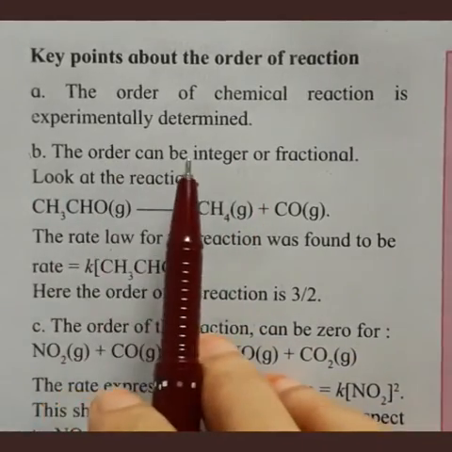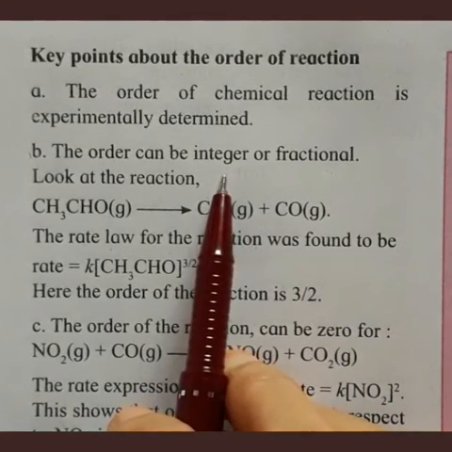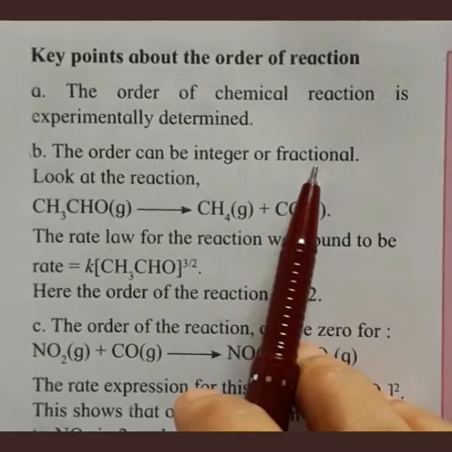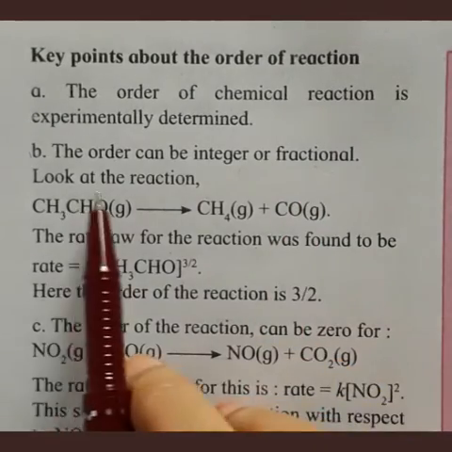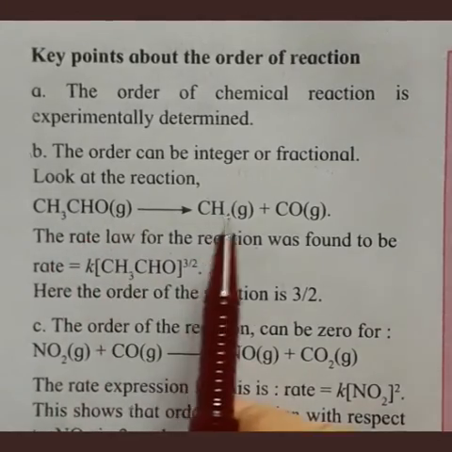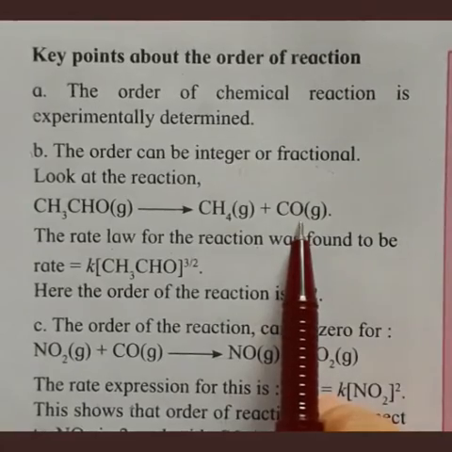Second, the order can be integer or fractional. Integer, it can be 0, it can be positive, it can be negative. Fractional, in the form of numerator by denominator. Understand? So one example they have given: CH3CHO gives us CH4 plus CO, methane plus carbon monoxide.